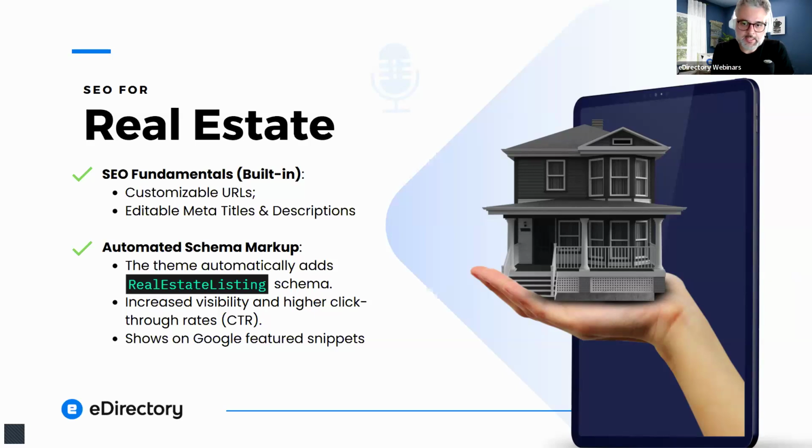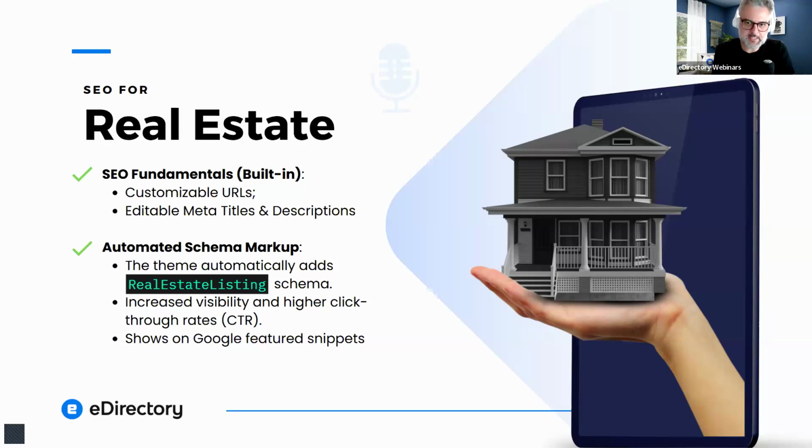If you don't know what it is, schema markup, also known as structured data, is a piece of code added to the website HTML code that helps search engines understand the content of a page. In this case, we have this code in any real estate listing page.